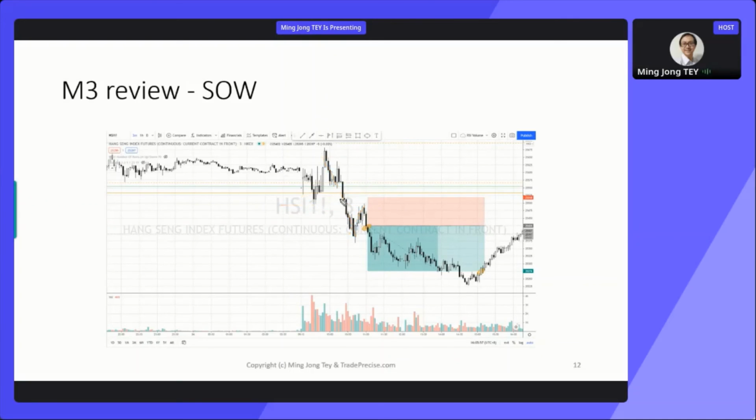If we take a look at this bar here, this is the breakdown bar of the previous swing low level, and it failed to come back in above. So definitely there is presence of supply. Eventually we see this reversal bar, and this is where I got in with a short entry.